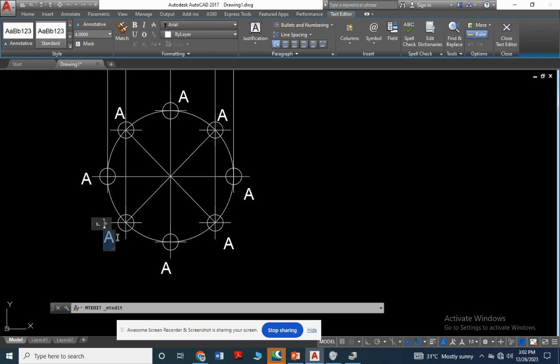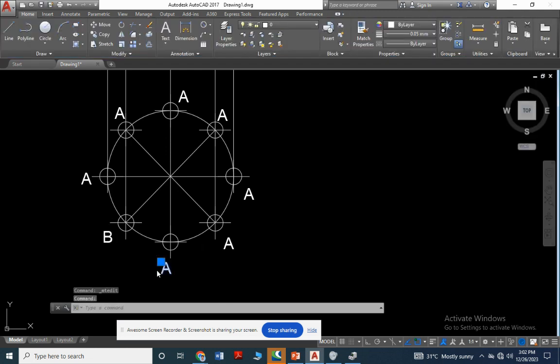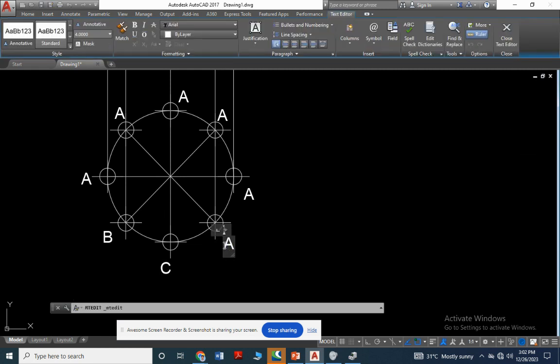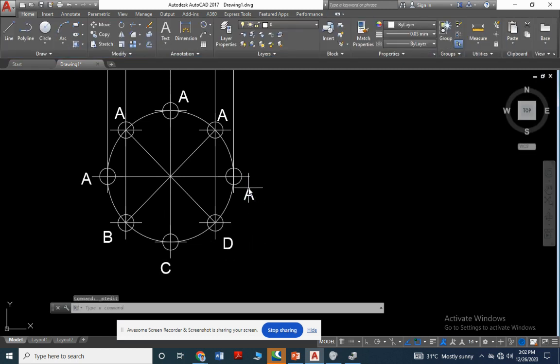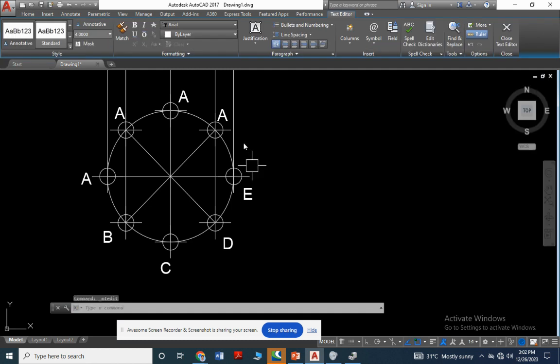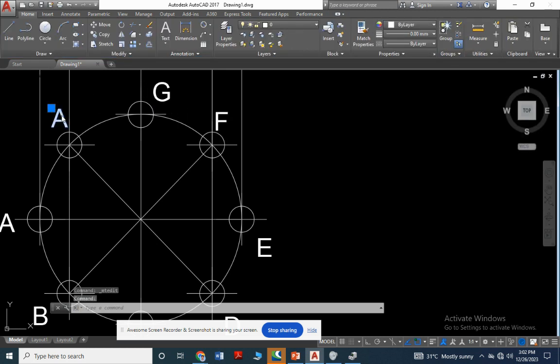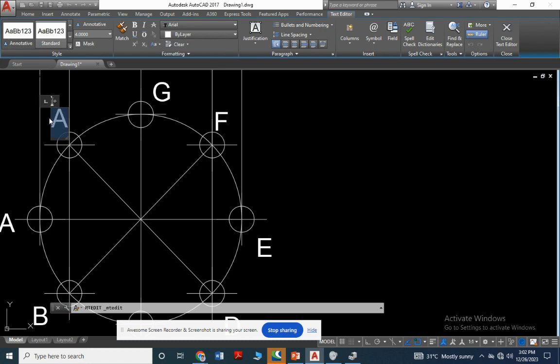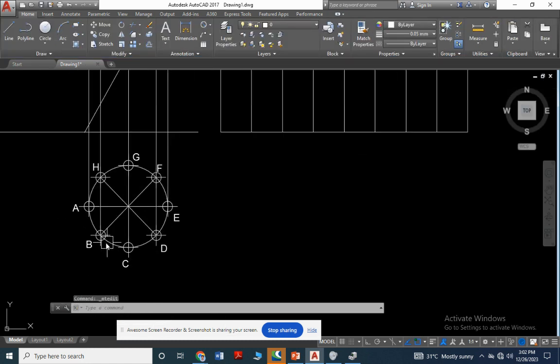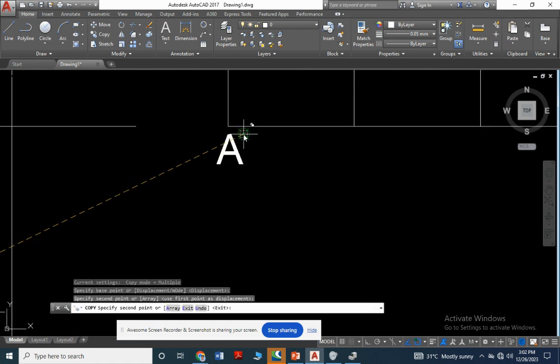Now I change this to B, C, D, E, F, G, H. Similarly, mark the point. Copy here.